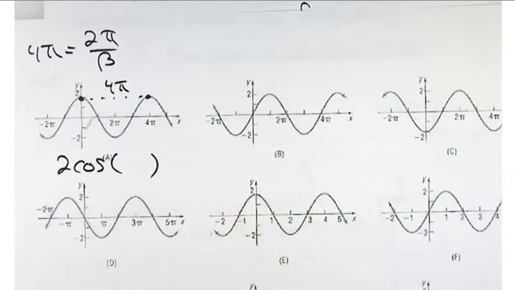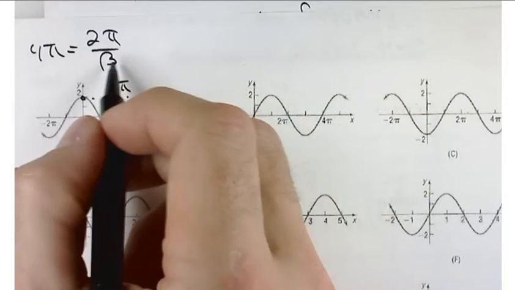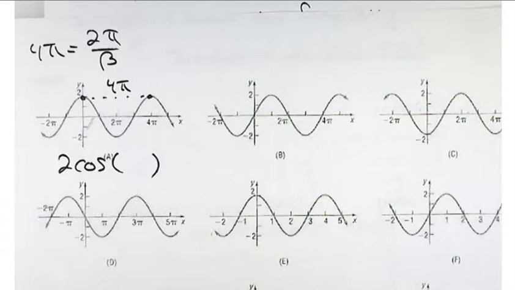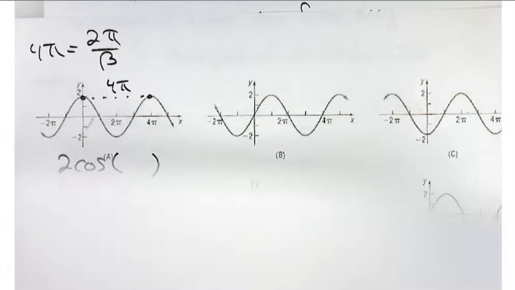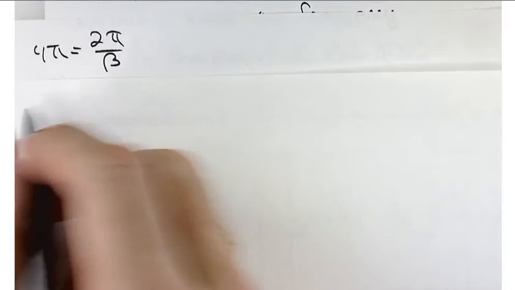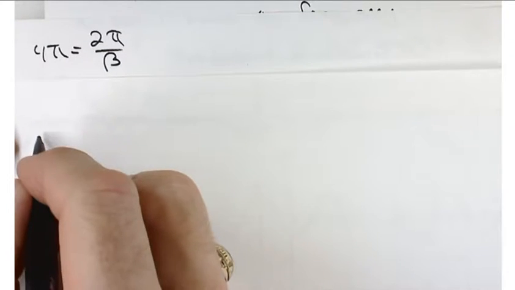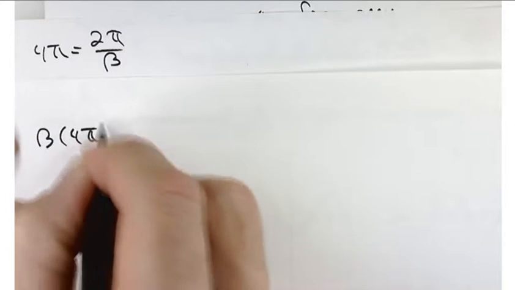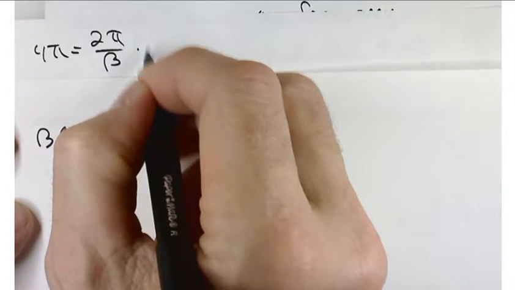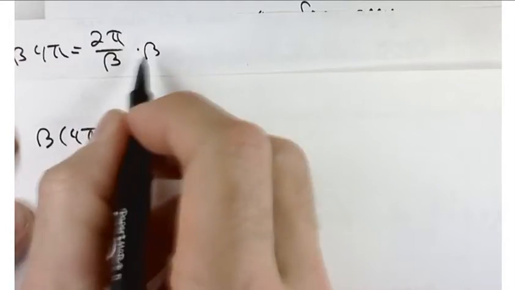So how do I solve for b? Well, basically, these things have to switch. Yeah, b is going to be 1/2. But let me show all the gory details. If you're trying to solve for b, you can multiply both sides by b and get b times 4 pi equals 2 pi, because when you multiply both sides by b, you get the cancellation there.